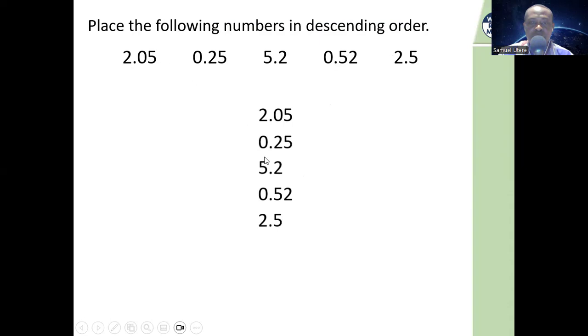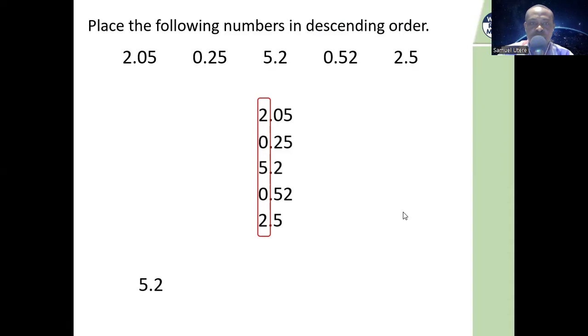We clearly see that looking at the ones column, 5.2 has to be the greatest number here, or the highest number. The next number we can look at is the twos. Now we can see that the twos have the same value. So we then look at the tenths.